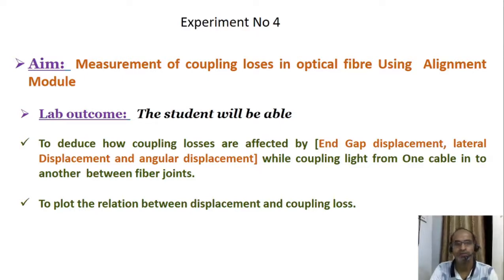The lab outcome: the students will be able to deduce how coupling losses are affected by end-gap displacement, lateral displacement, and angular displacement or mismatch while coupling light from one optical fiber cable to another between the joints. Also, students will be able to plot a graph of the relationship between displacement and coupling losses.